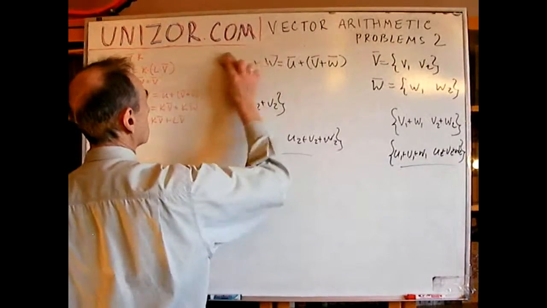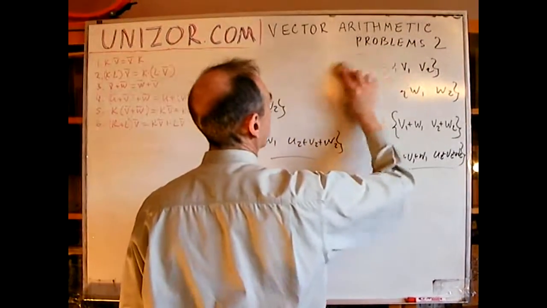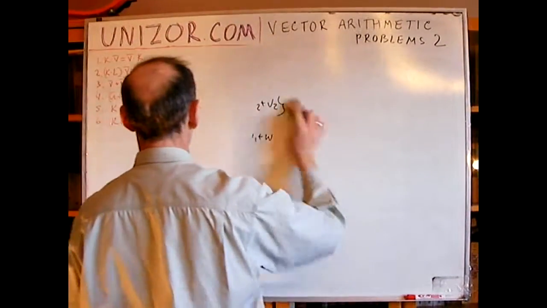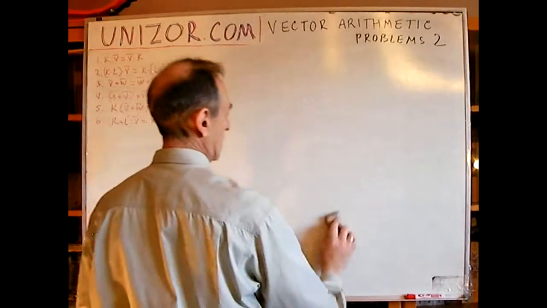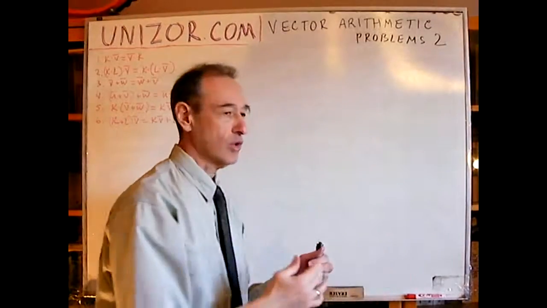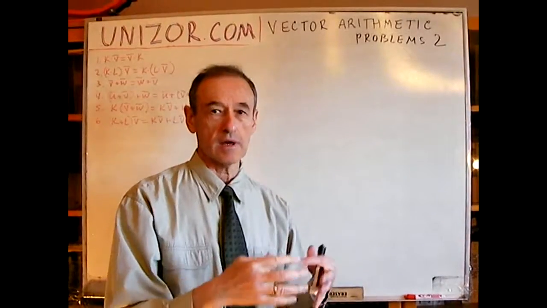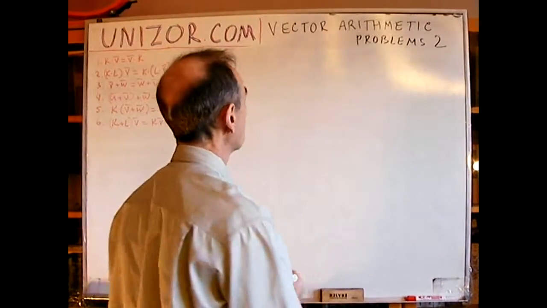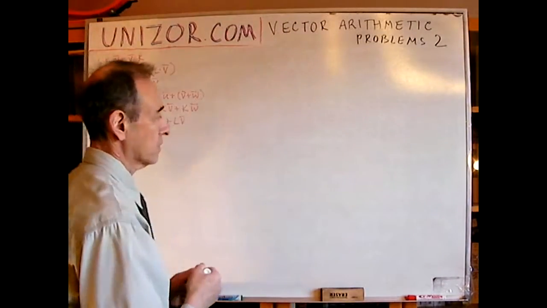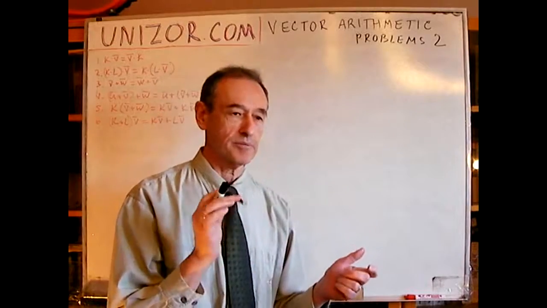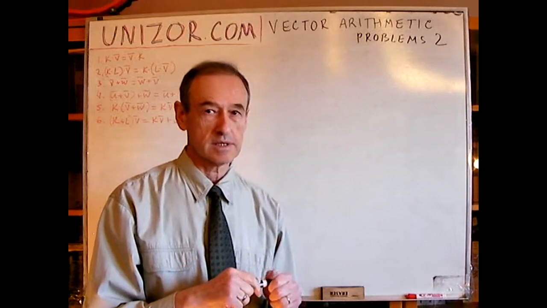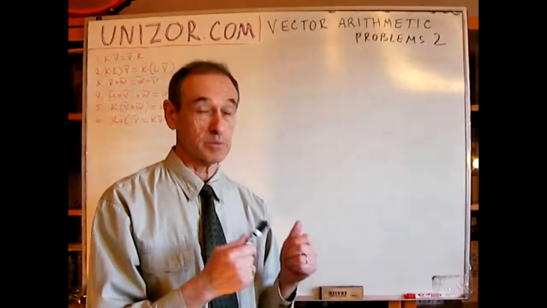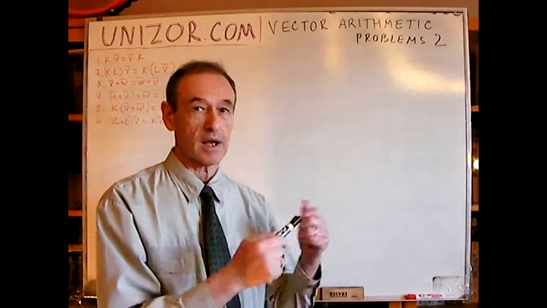Now let's talk about the distributive law. Well, the distributive law is when we mix together addition and multiplication, right? So in this particular case, we have a kind of mixed case, because when we multiply, we multiply a vector by a constant.